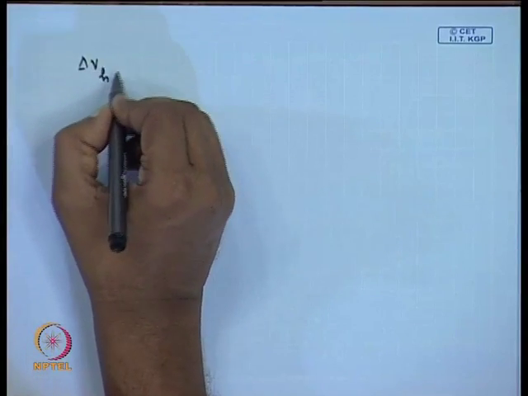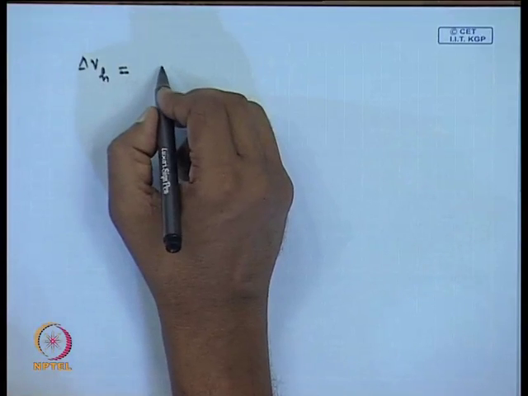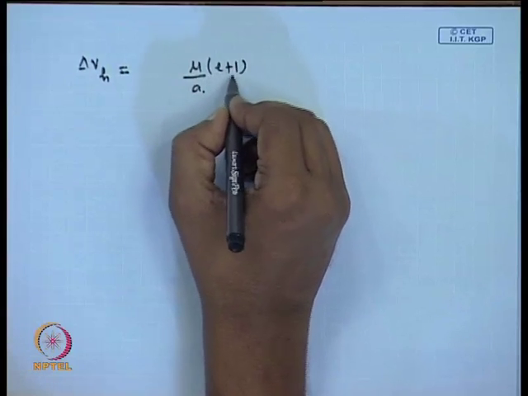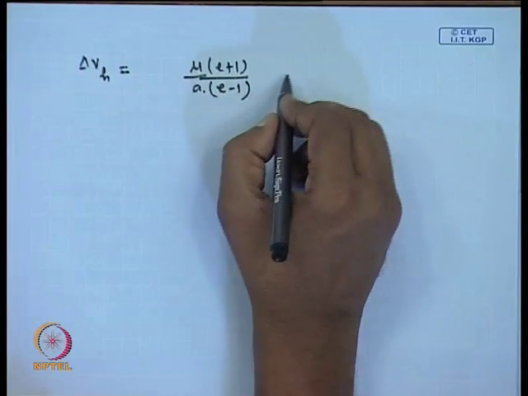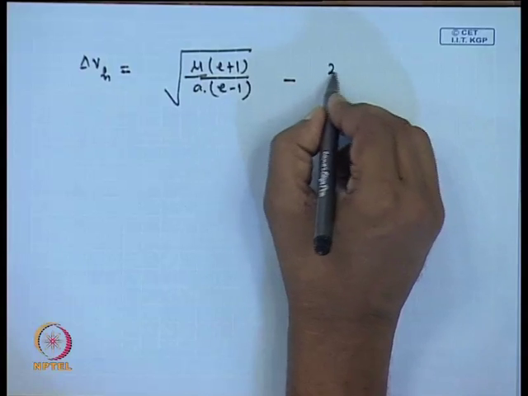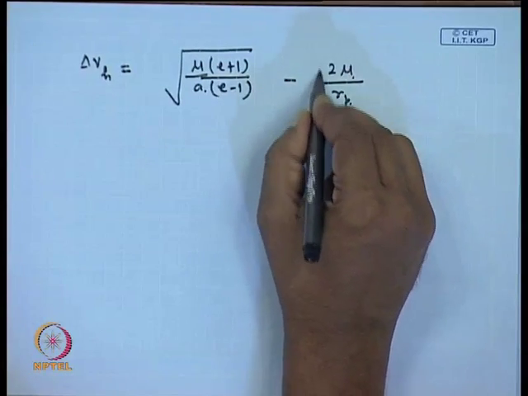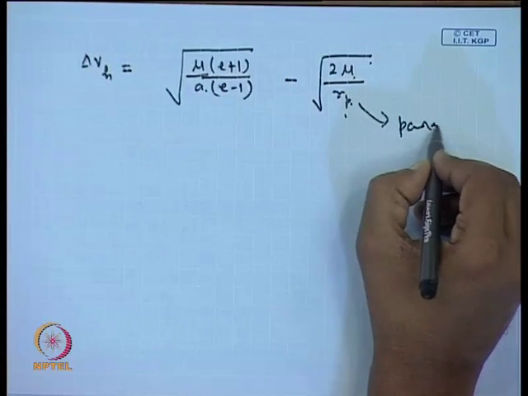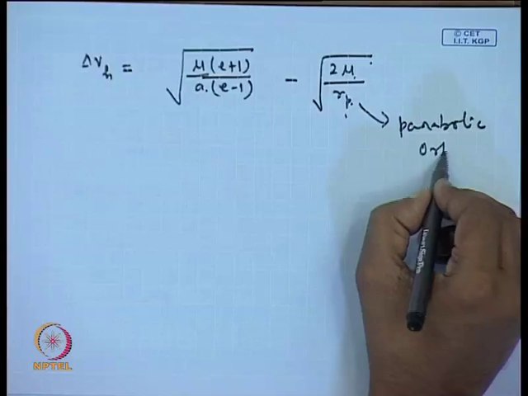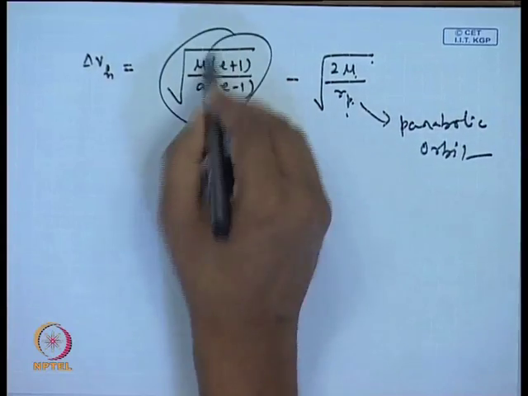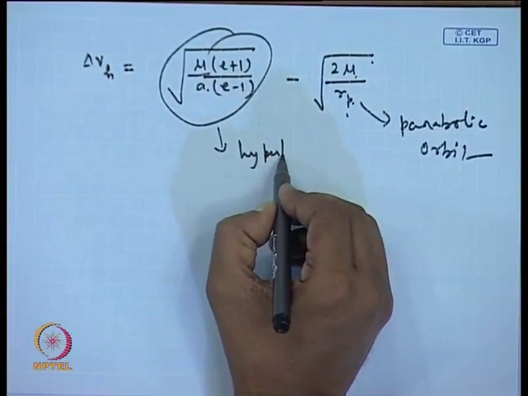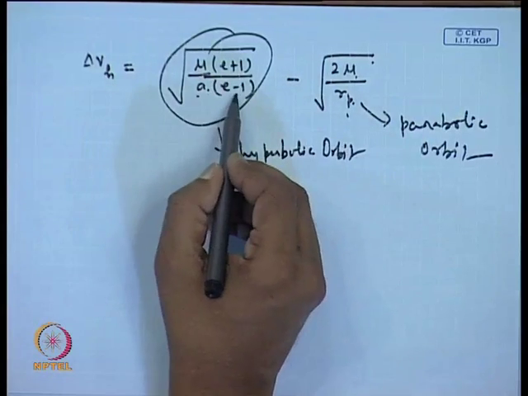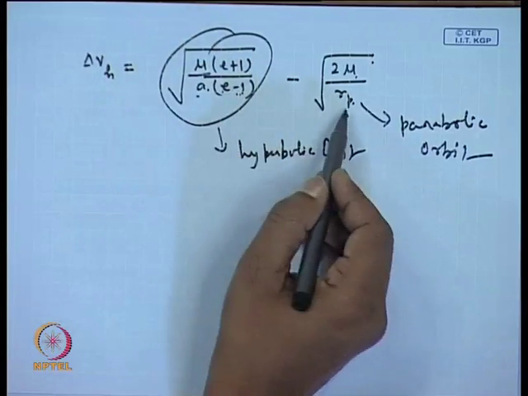So, delta V_H in this case required will be square root of mu by a times (e plus 1) divided by (e minus 1), minus square root of 2 mu by R_p, where R_p is the perigee distance. This is for the hyperbolic orbit. And a times (e minus 1) is nothing but the R_p.